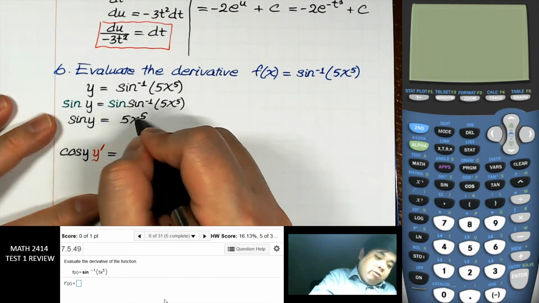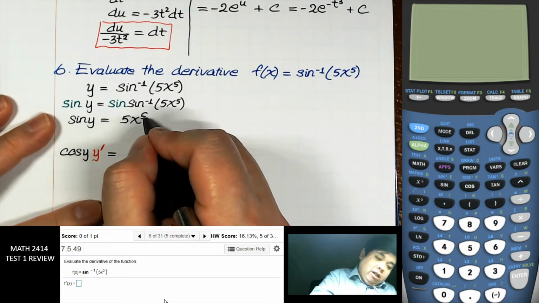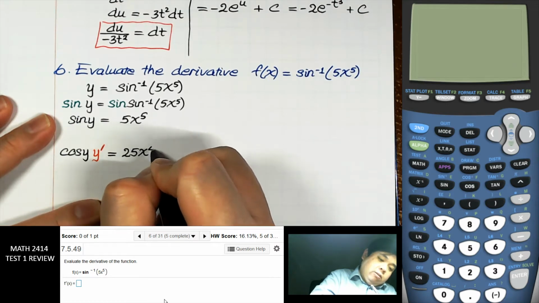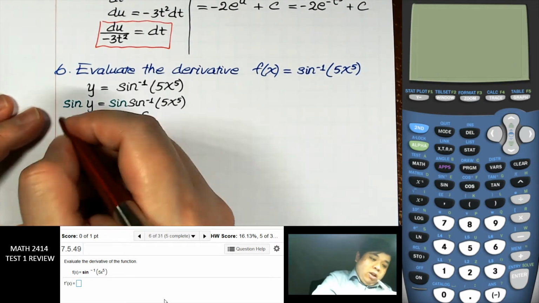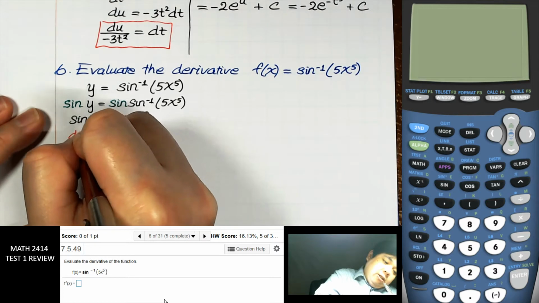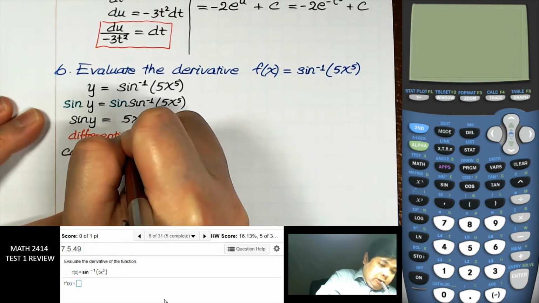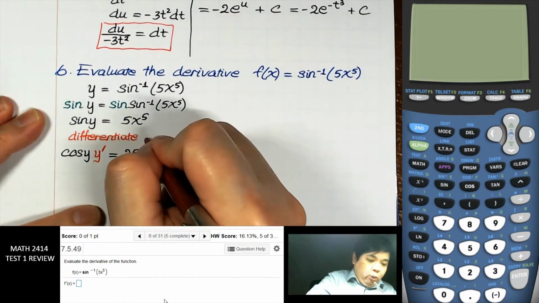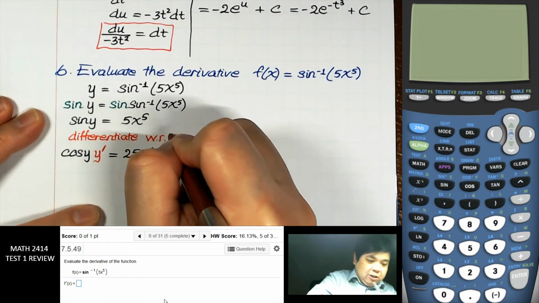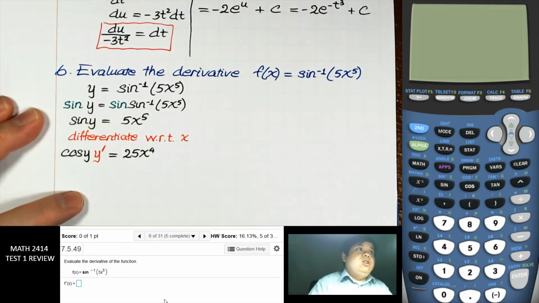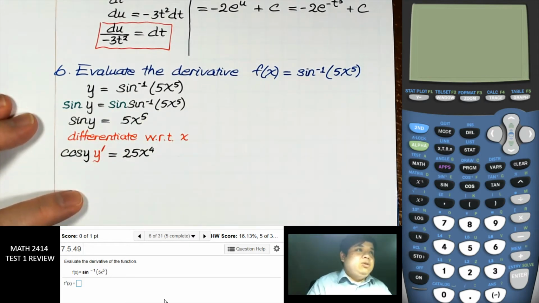And we'll take the derivative on this side as well. That will be 25x to the fourth. So what we did is differentiate with respect to x, and y is a function of x.